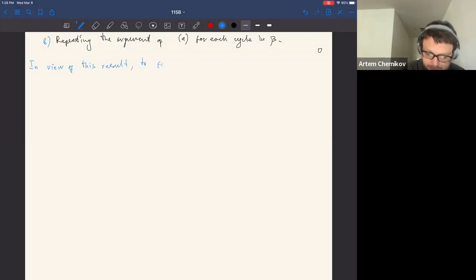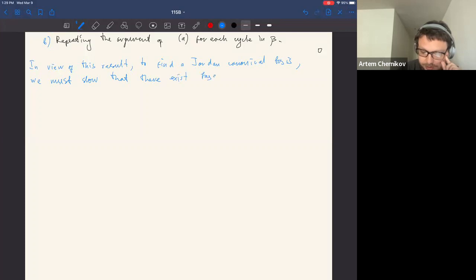To find a Jordan canonical basis, we must show that there exist bases that are disjoint unions of cycles of generalized eigenvectors.